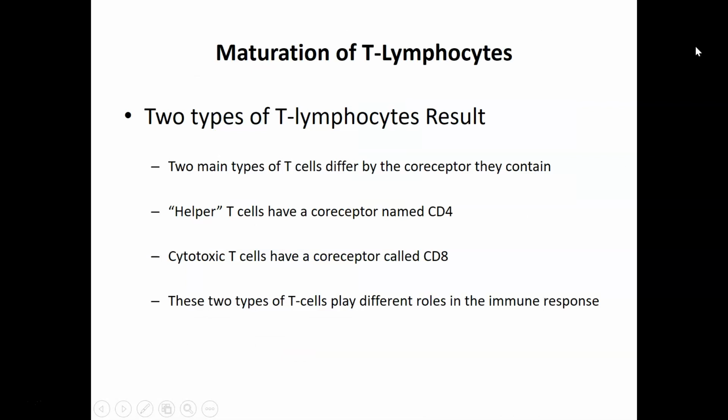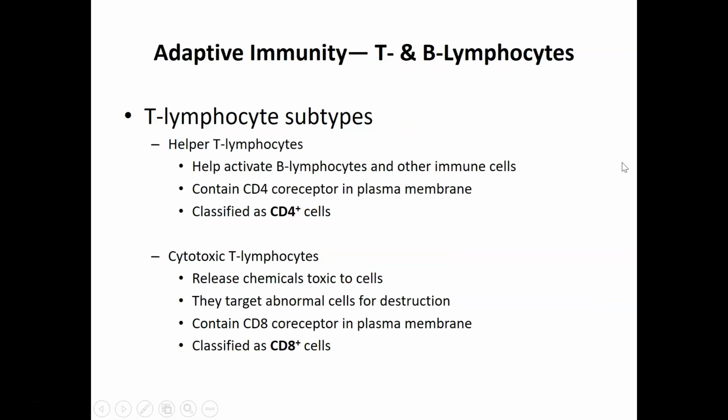Okay, a little bit more about the two types of T lymphocytes that are coming out of maturation. The ones that have the co-receptor CD4 are called the helper T cells, and the ones that have CD8 are called the cytotoxic T cells. These two types of T cells have different functions in the cell-mediated immune response.